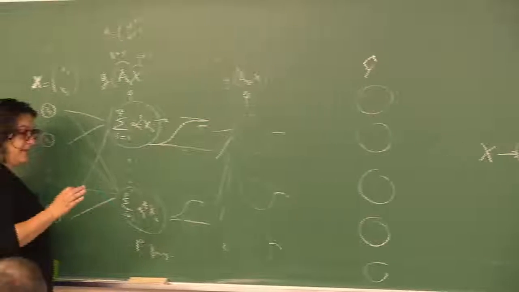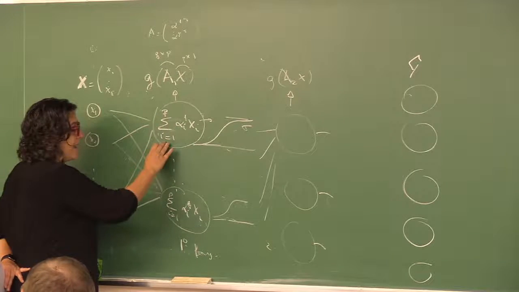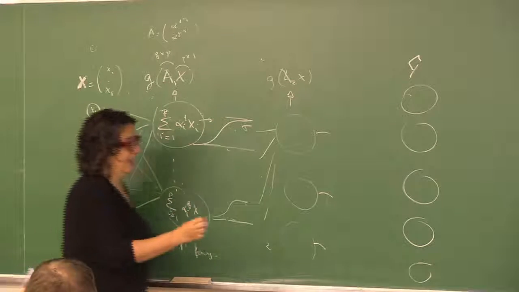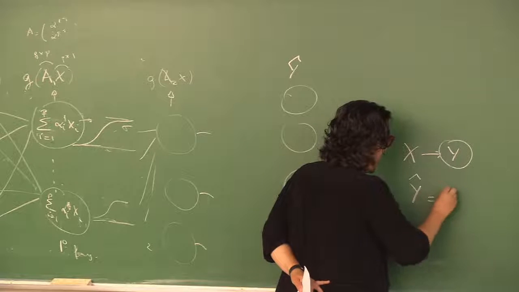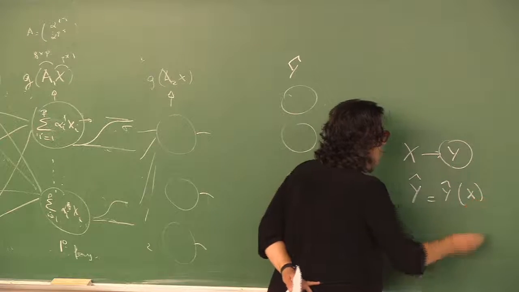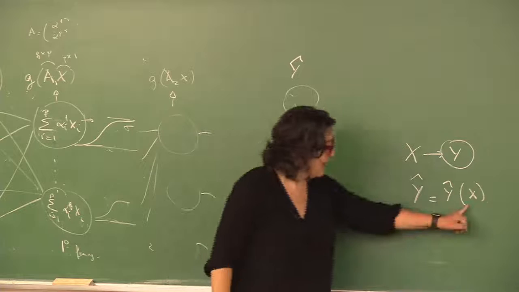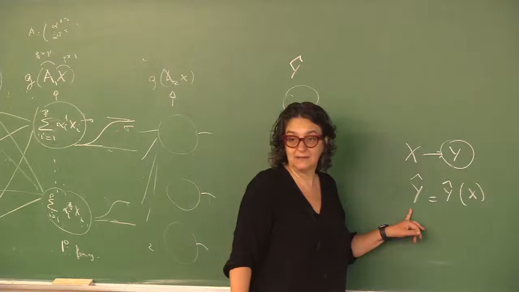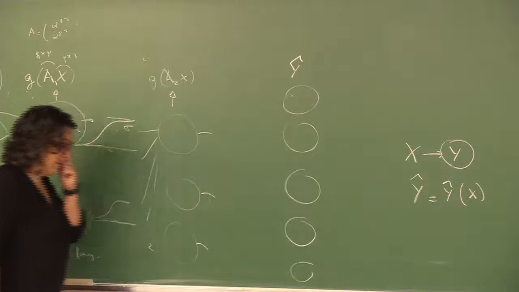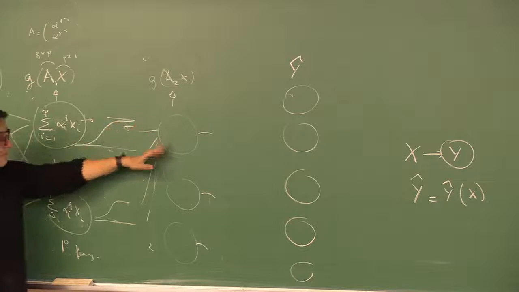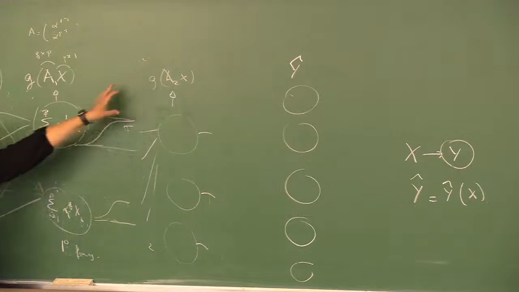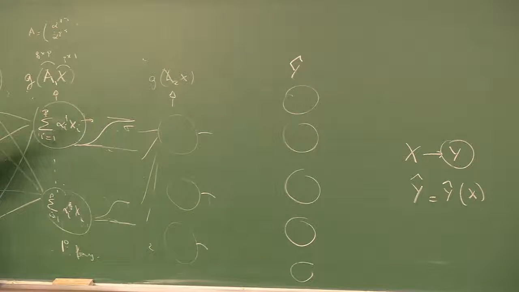The thing that I want to find is y hat as a function of X, to be able, the next time I have an X, to say what y hat is. Therefore, in linear regression I find my alpha hat. Here I have to find all my alphas, and there are a lot.